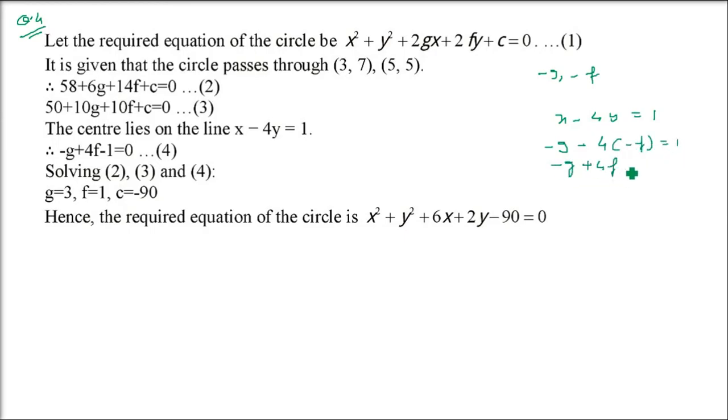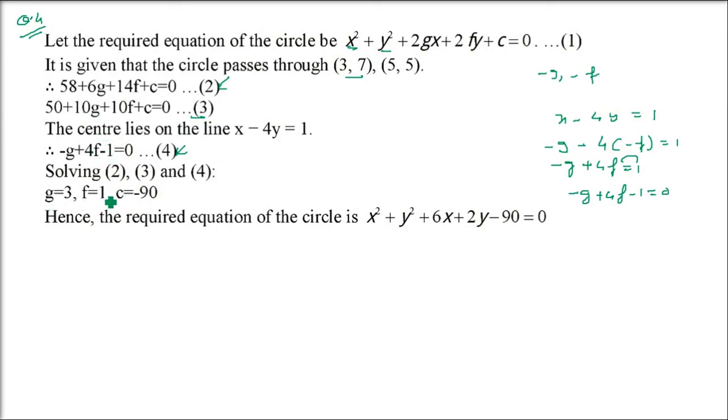So minus g plus 4f, take 1 here, and this is the equation in g and f. Take 2 and 3, try to find the equation in g and f, solve the 2 equations in 2 variables, linear equations. g and f and c will come, and put it in equation number 1.